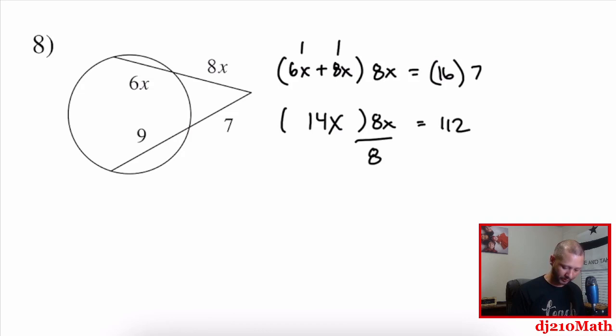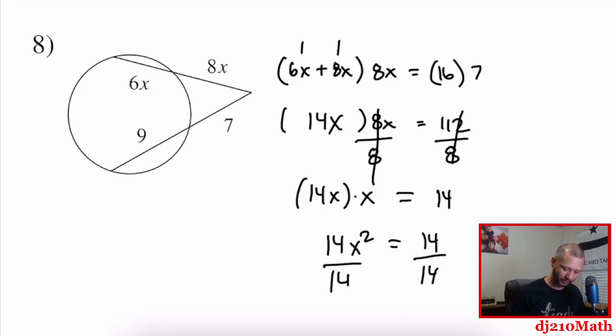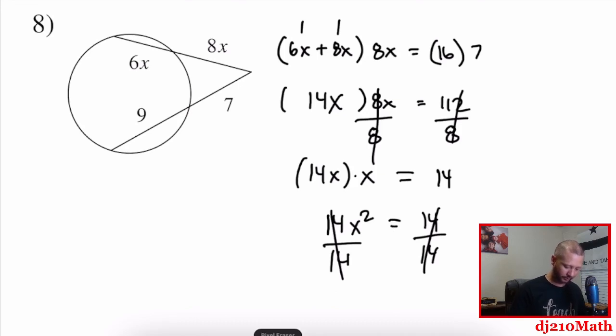So if I divide both sides by 8 first, we're going to get 14x times x. Right, because when things are being multiplied, you can divide things out nicely. This is going to cancel. So then we have, combining the left-hand side, 14x squared is equal to 14, which, solving for x, we'd have to divide both sides by 14. And we see that x squared is equal to 1.